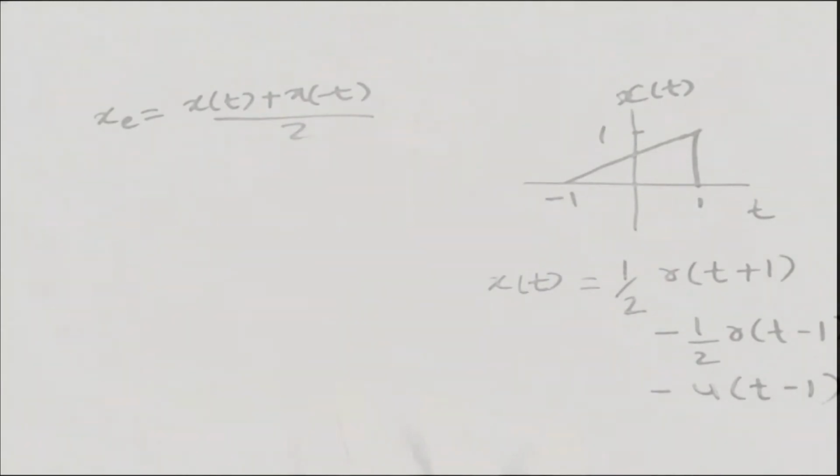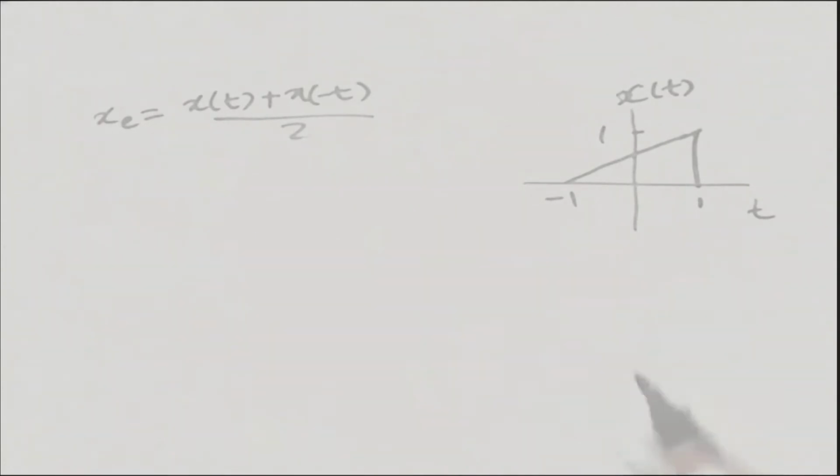We have the even component of x given as x(t) plus x(-t) divided by 2. x(t) is given here. We simply will have to draw x(-t) and add them together. So x(-t) is the signal that is reversed about the vertical axis in this manner. They should be exactly identical, flipped about the vertical axis.